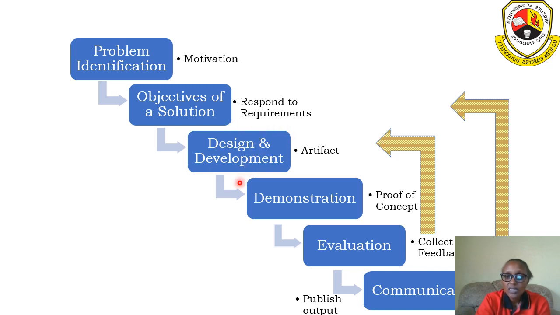Once we design it, we demonstrate, or rather, we implement and we evaluate the data. The proof of concept is the system, but the evaluation, the feedback, is what we essentially communicate to the research world.